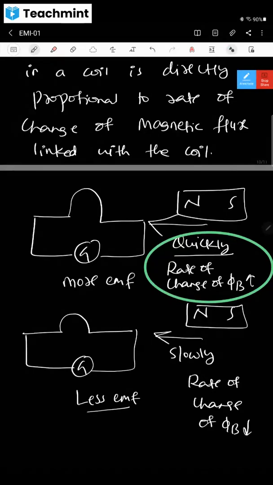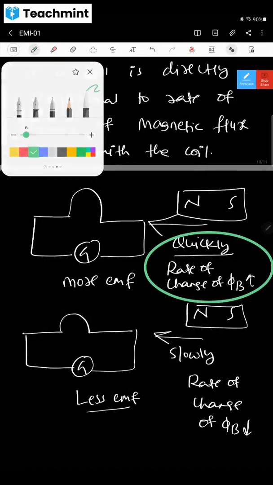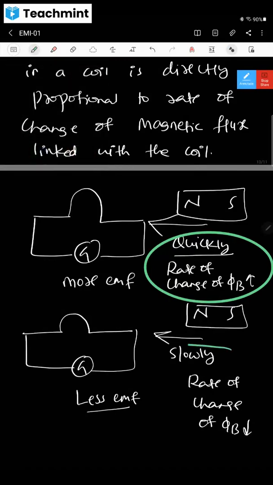Clear, dear children? Is it clear, whatever I have mentioned? Yes. So that's why we get less EMF.